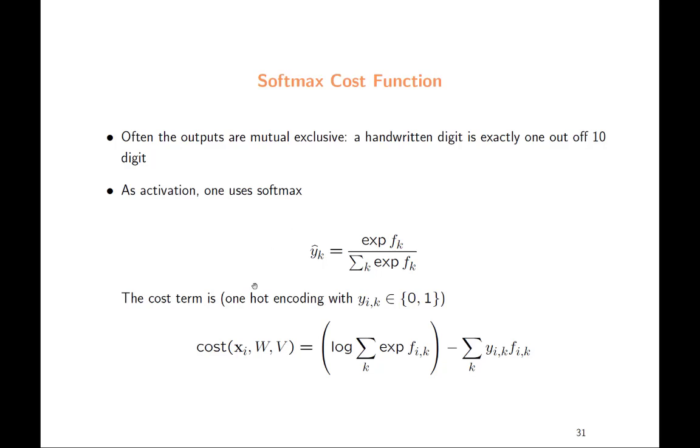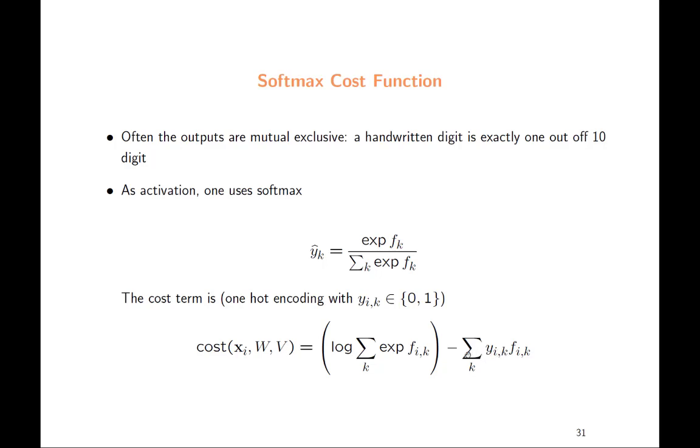Yeah, if you apply this to an input pattern, then you have the log of the sum of the exponent of the f_ik. So you sum over all classes, and then you have the second term, but for the multi-class case, you have only one here.